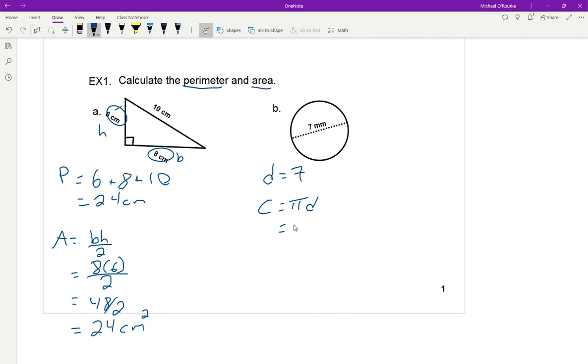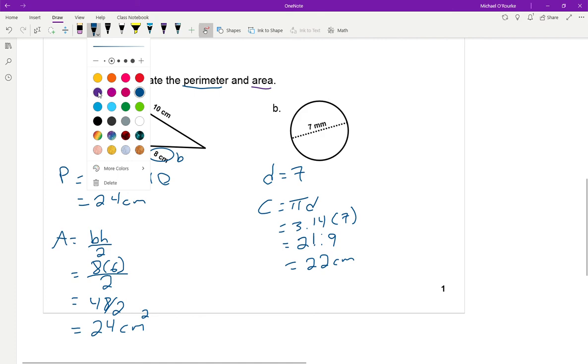Circumference equals, now you can use your pi button on your calculator, or pi times 7, which equals 21.9, which we're going to round to 22, and that's centimeters.